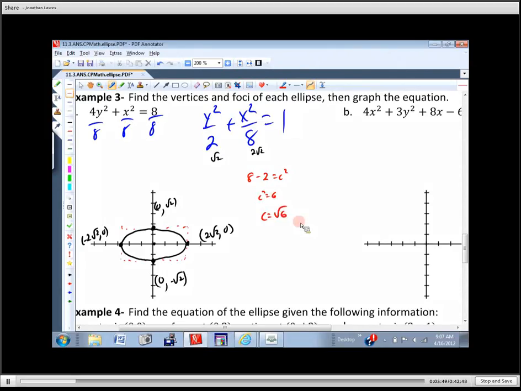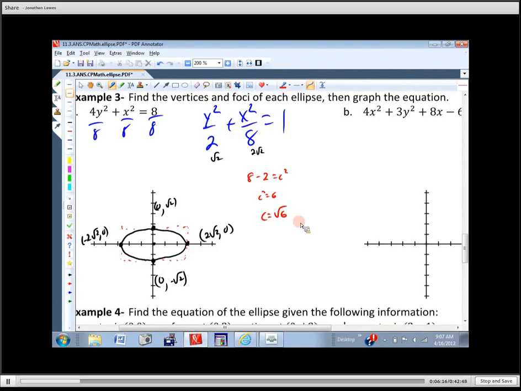Now, do you know exactly what radical 6 is without a calculator? I don't. Could we take a guess as to what it is? Somewhere between the perfect square of 2, which is 4, and the perfect square of 3, which is 9. This is 6. It's got to be somewhere in between 2 and 3, a little closer to 2.